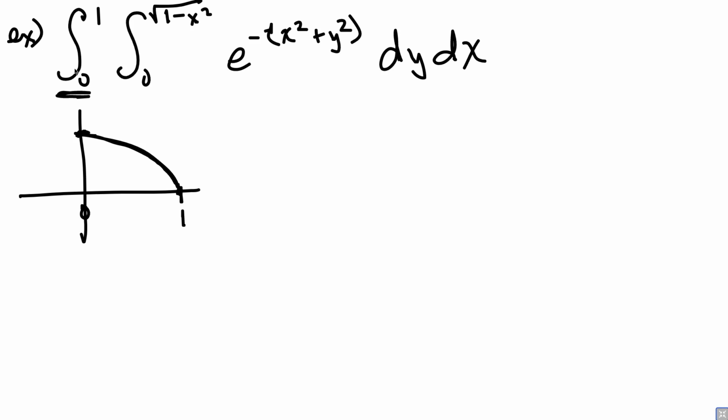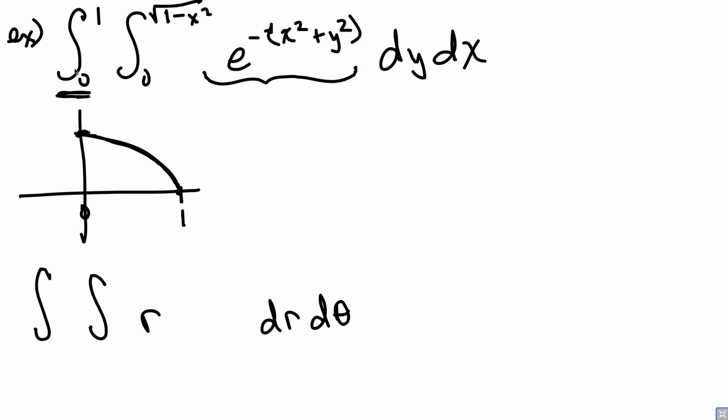Okay. So when we convert it over into polar form, we're going to end up with the double integral, with r and dr d theta. How are we going to rewrite the e to the negative x squared plus y squared? E to the negative r squared.